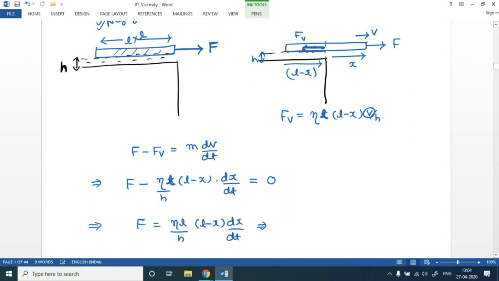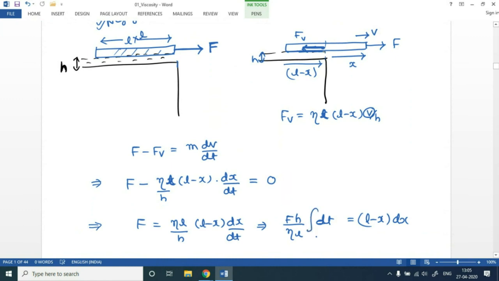Rearranging, F h by eta L into dt is equal to (L minus x) into dx. So we have separated the variables and now we can integrate both sides.